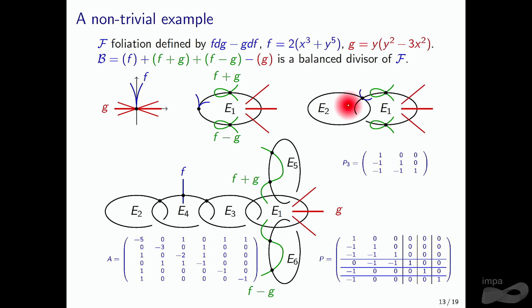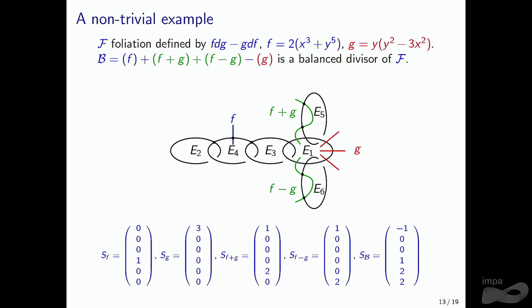As before, the proximity matrix at stage 3 is that, and we can complete to the global proximity matrix step by step, looking at the points at the center of the blow-ups. We obtain this matrix, and the intersection matrix that can be computed directly or with the formula from the proximity matrix.